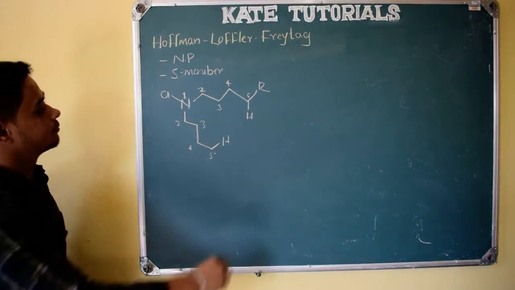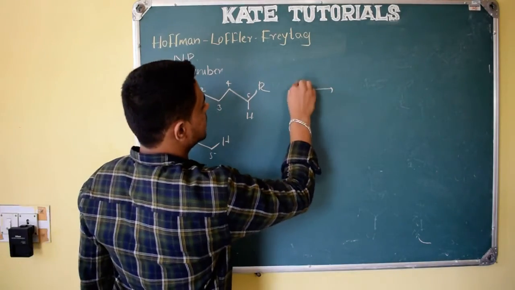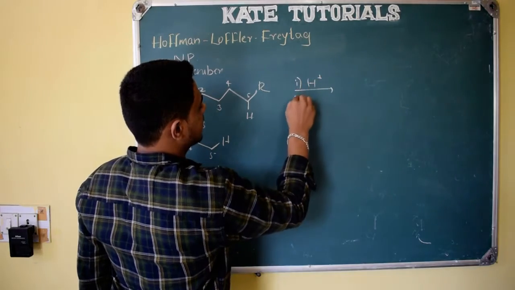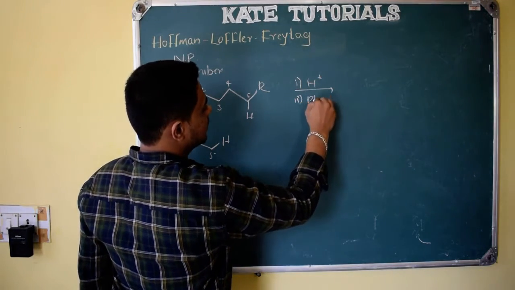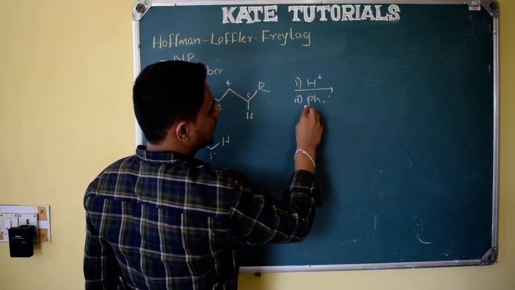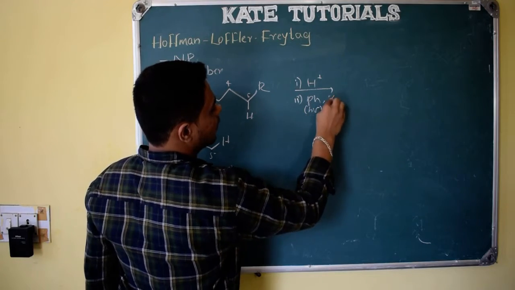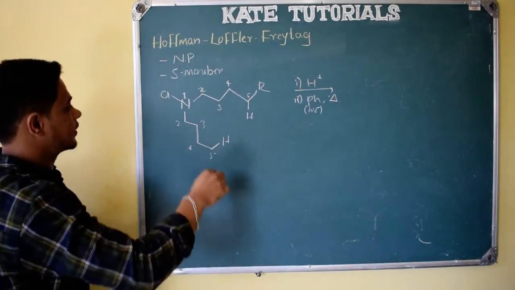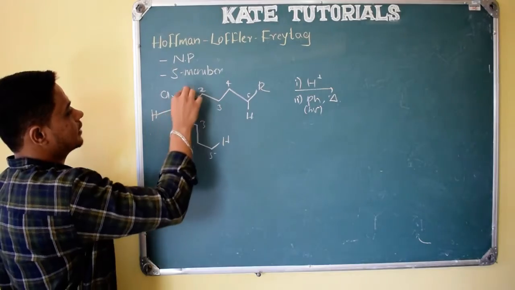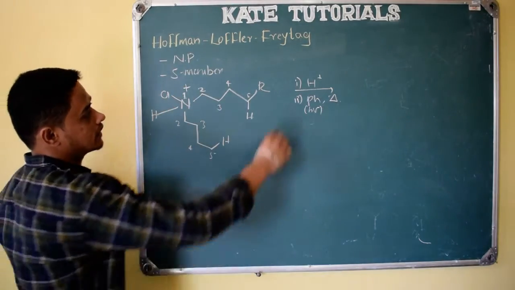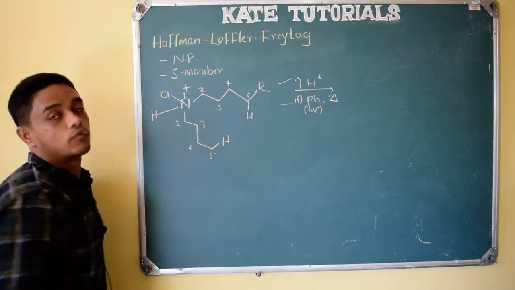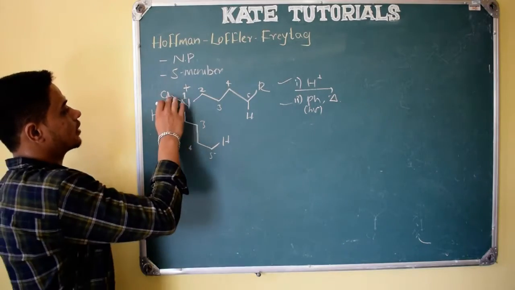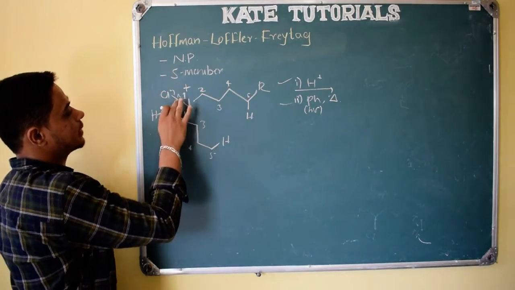So first is acidic condition, second is photochemical, we can show as h nu, right, or thermal condition. So what happens, first H will attack here, it forms a carbocation, first step is over. Second step, photochemical or thermal condition, the heteroatom will split, like homolytic splitting happens.